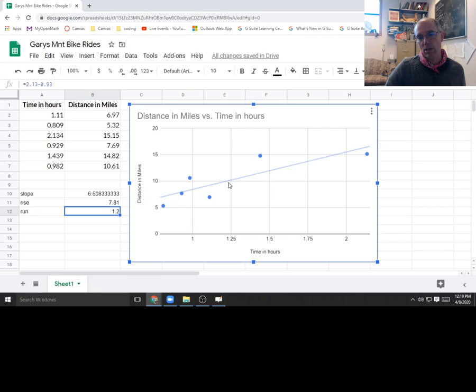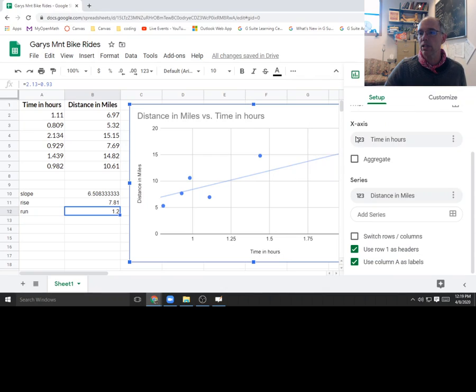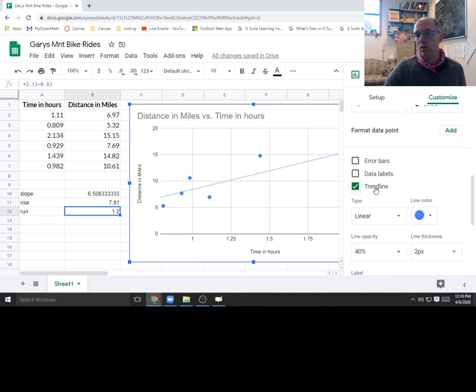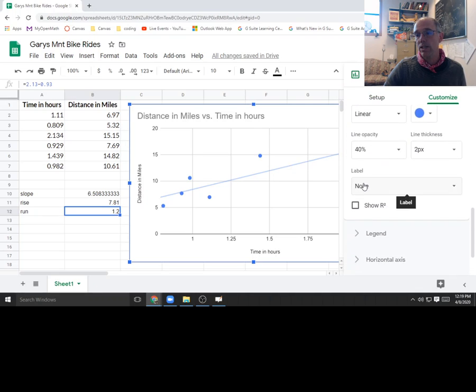So this is like the best line possible to get as close to all of them on average. To see the equation for the line, I have to hit another button. So customize series. After you turn the trend line on, you want to label it with the equation.